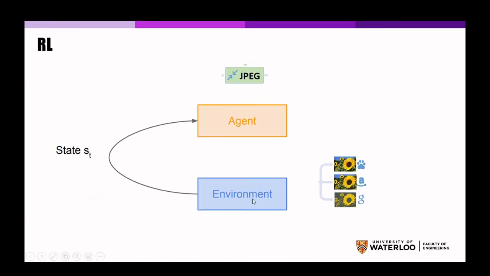The environment will randomly choose a state, which is a quality factor, for example in the range of 5 to 100, and tells the agent to compress this image.